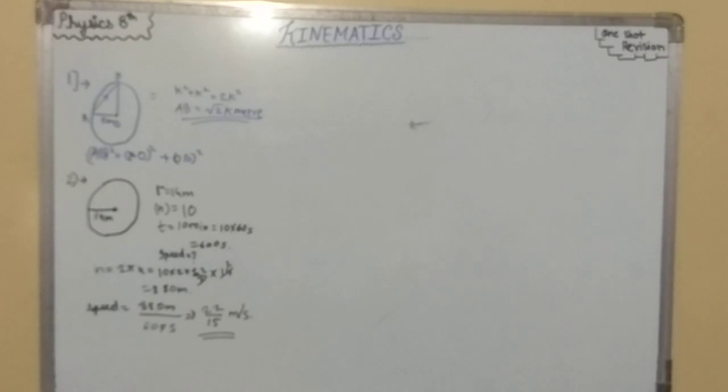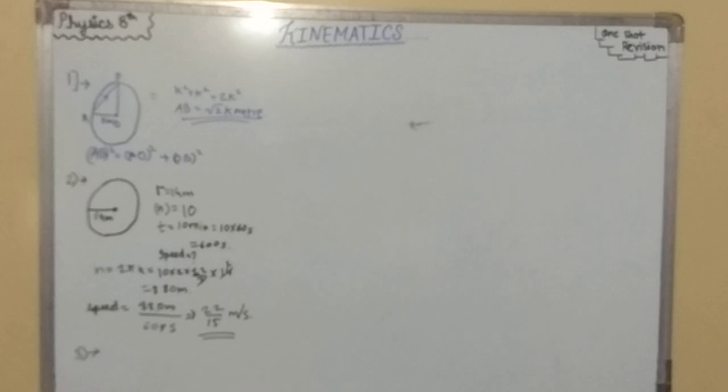Now let's move towards the question number 3. That is, an aeroplane flies between two towns separated by a distance of 360 km in half an hour. Calculate its velocity in meter per second.